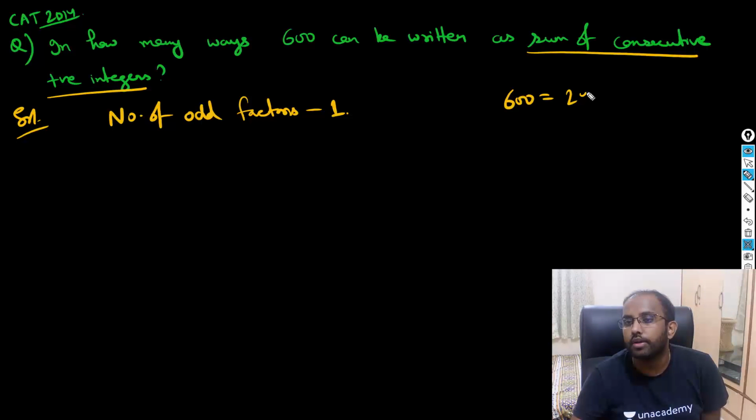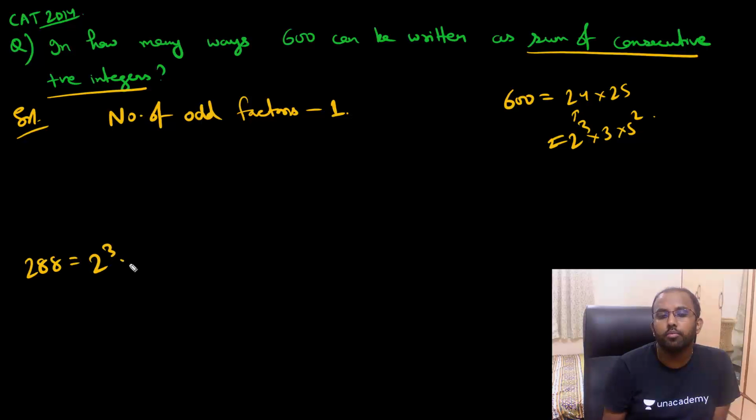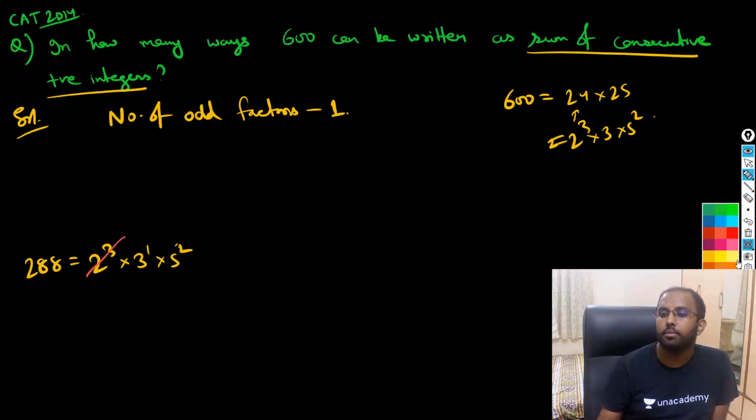So 24 into 25 is 2 cube into 3 into 5 square. Since I am looking for only odd factors, I should not at all concentrate on 2 cube here. That basically means that I need to only focus on odd factors, 3 raised to 1 into 5 square.